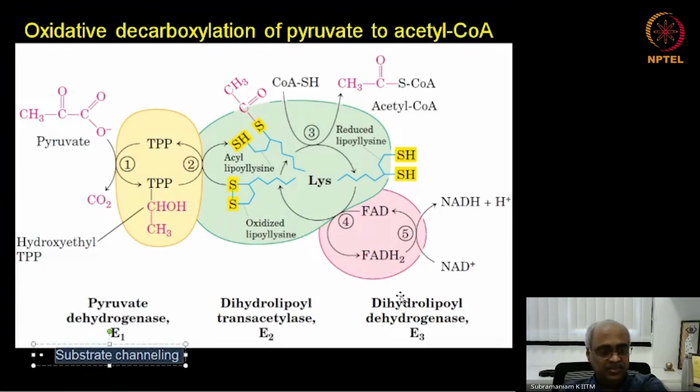This ensures very high concentration of substrates for subsequent enzymatic steps because it's never released into the open solution. It is on the surface of the enzyme molecule itself. So the effective concentrations are very high, so the reaction very readily happens. That's one. Second, other enzymes that could use these intermediate substrates, like for example this activated acetyl group, can be a substrate for another enzyme.